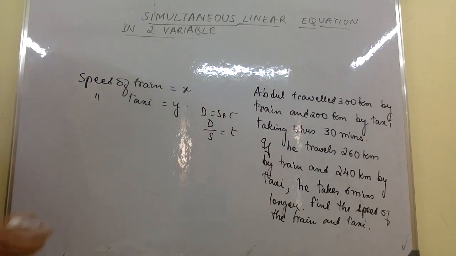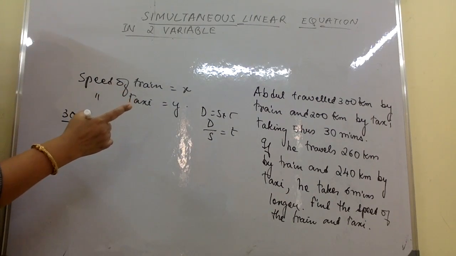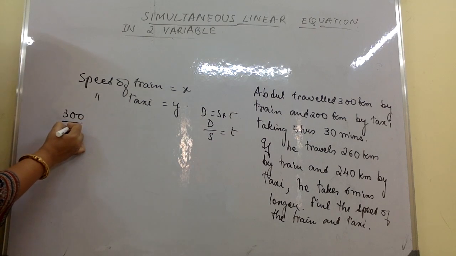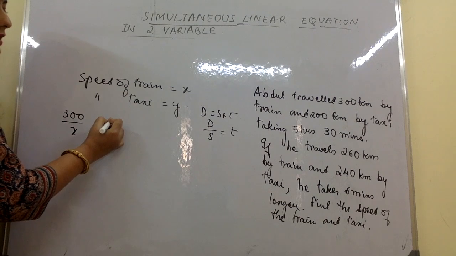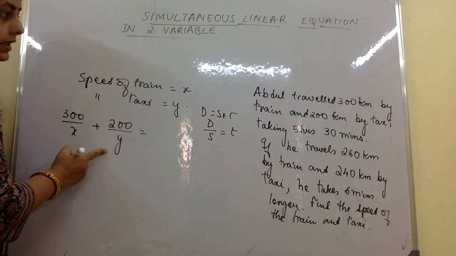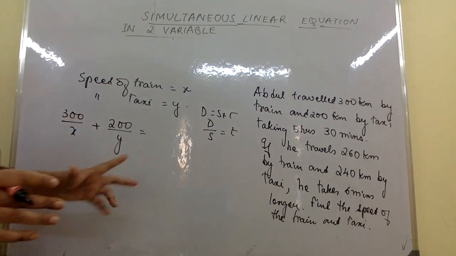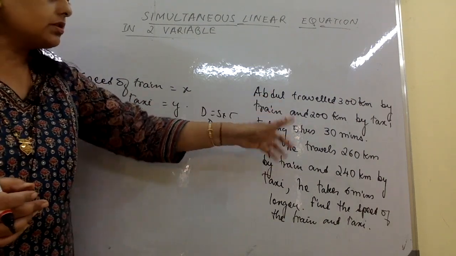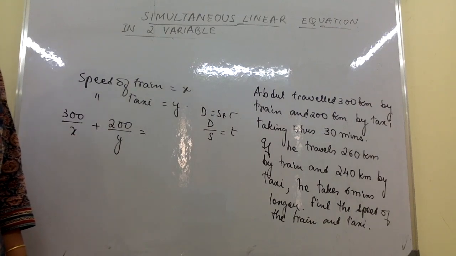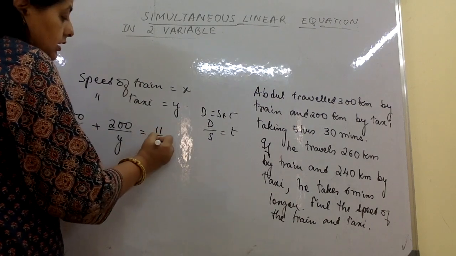So 300 by speed, this is for train, plus 200 by the speed of the taxi, is 5 hours 30 minutes, meaning 5.5 hours. We are going to take it in hours here because we are going to find our speed in kilometers per hour. So we are going to take the full time in hours. So that is 5.5, which is 11 by 2.